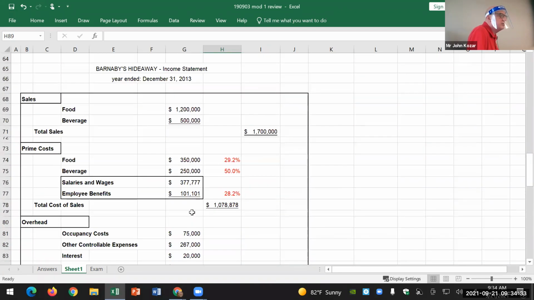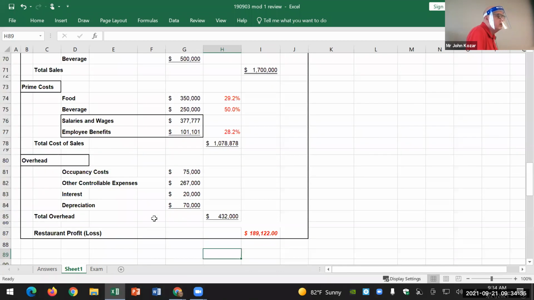So those are the only questions that we ask about this. Is it possible now to figure out your contribution rate?